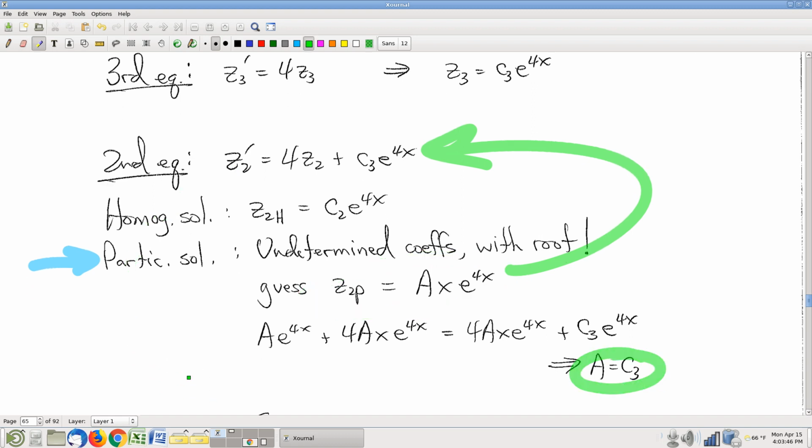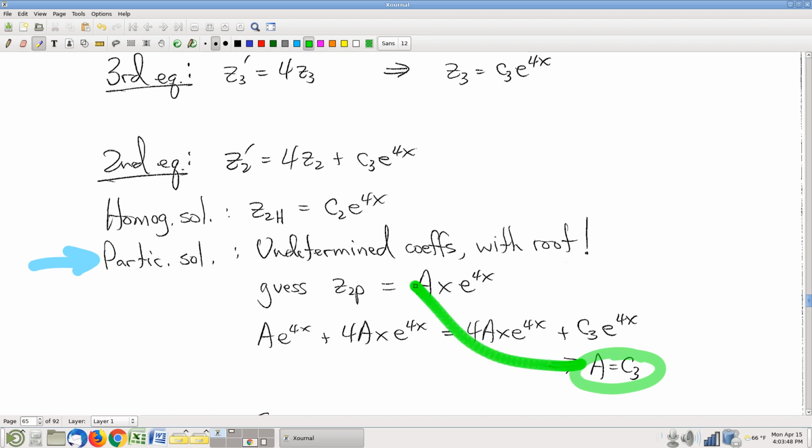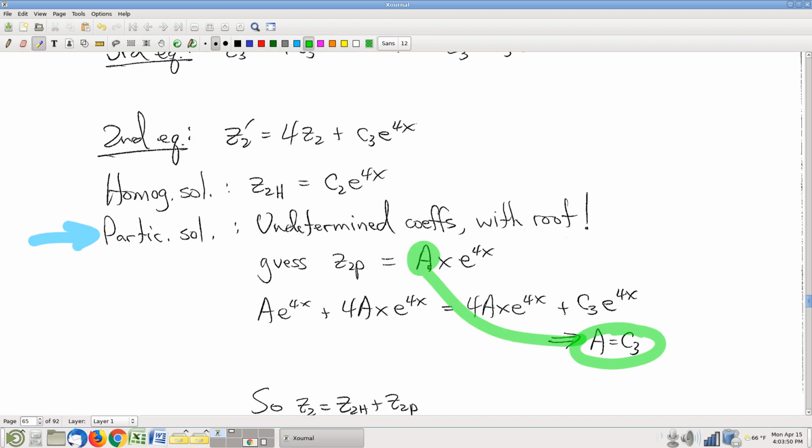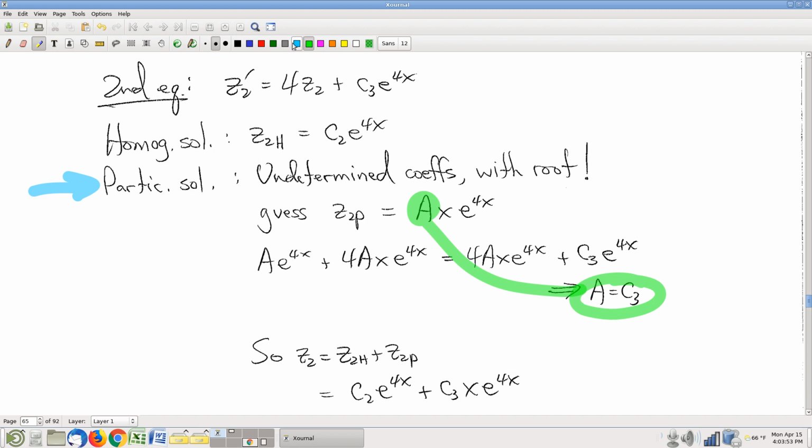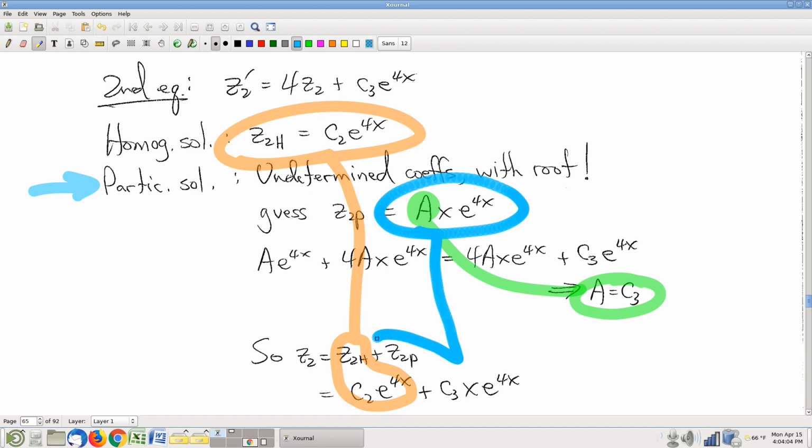That undetermined coefficient ends up being C3, and therefore, homogeneous plus particular gives you your general solution. Kind of a pain, but it worked, right? We've solved for z2. Everybody on board?